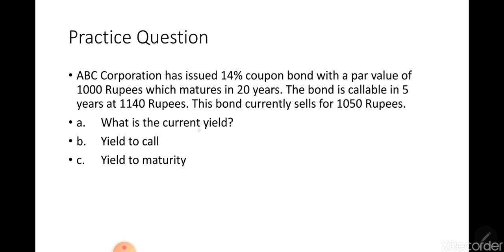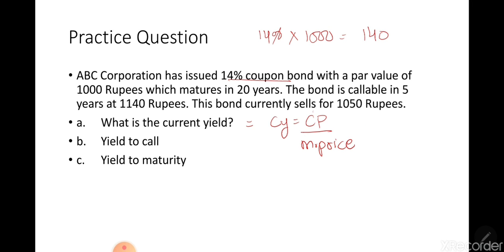First, you're supposed to calculate the current yield. So, current yield is coupon payment divided by market price. 14% is the coupon rate and multiply it by the face value 1000, you get the coupon payment of 140. The market price is 1050.